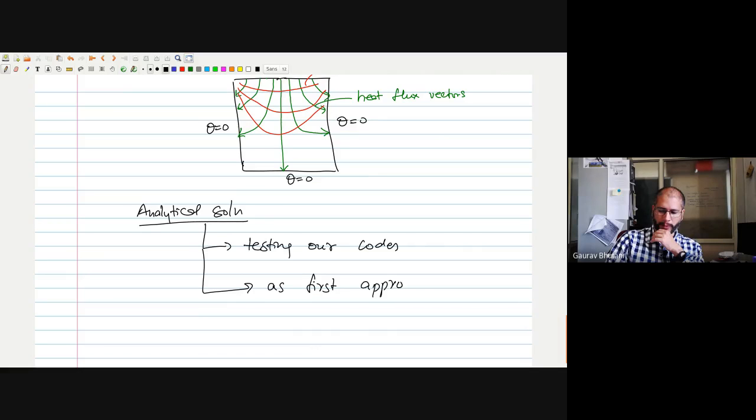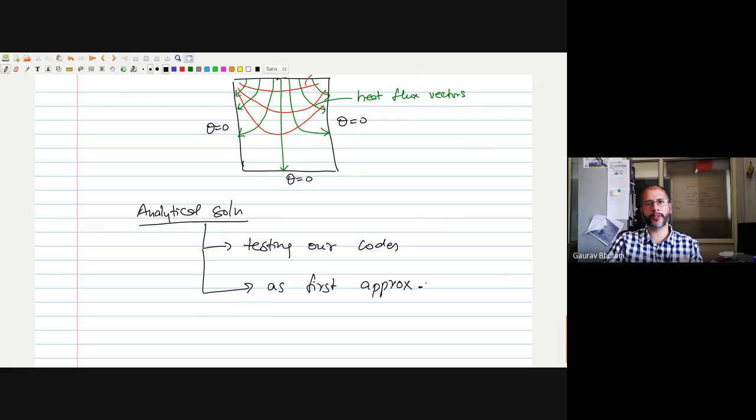So if we have to estimate the heat flow or the temperature distribution in a given situation, we can approximate that situation as the closest rectangular rod, for example, and then we estimate, and then we move on.